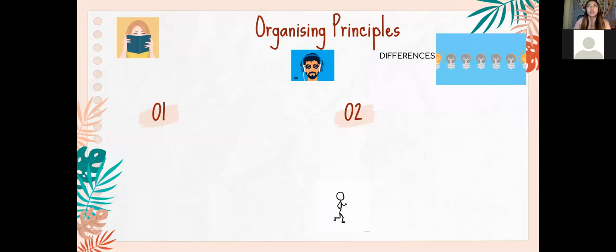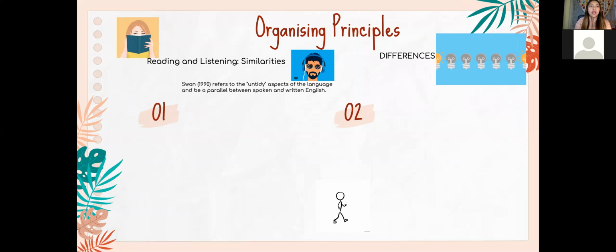Well, to continue with that, we are going to organize in principles. The first one: we are going to check the similarities and the differences. Sean mentioned that it refers to the untidy aspects of listening, and a parallel between spoken and written English.